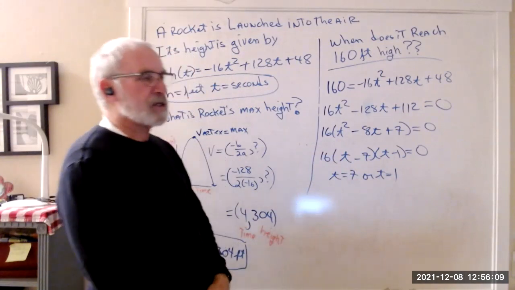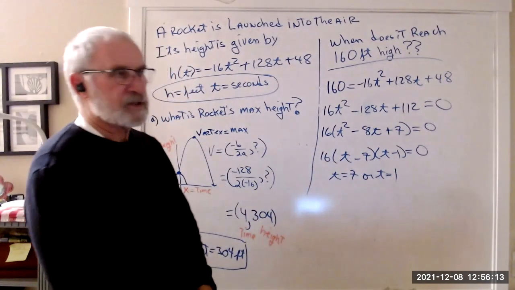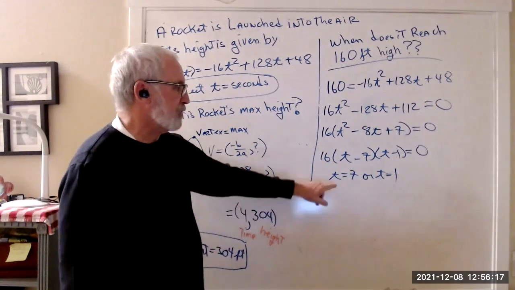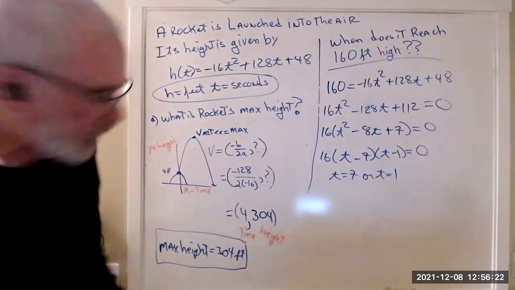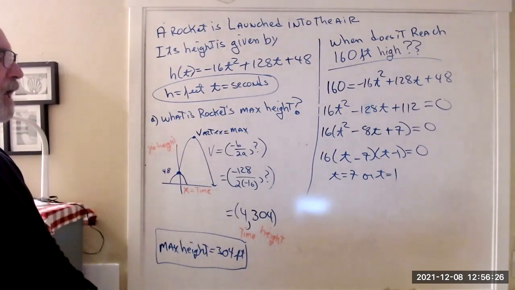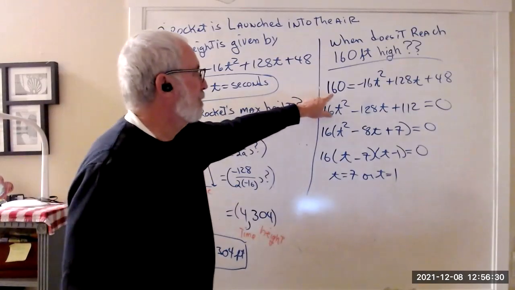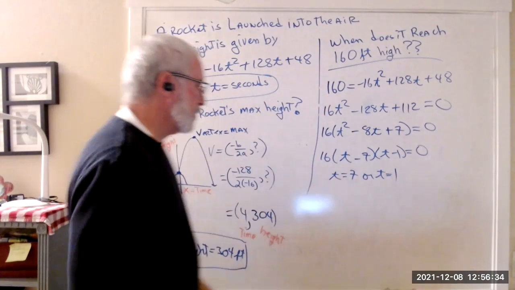Now, in the past, I've tricked you. We've always had somebody that rejected somehow. This gives us 2 answers: at 2 times, the height is going to be 160 feet. Do either of these reject?